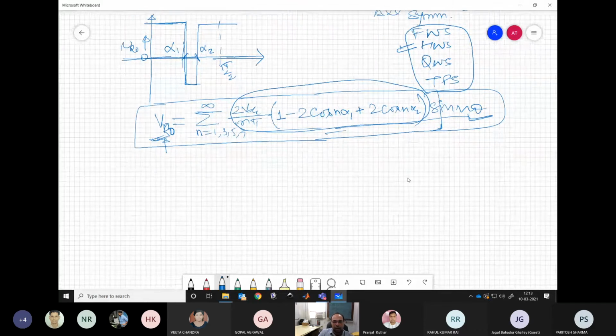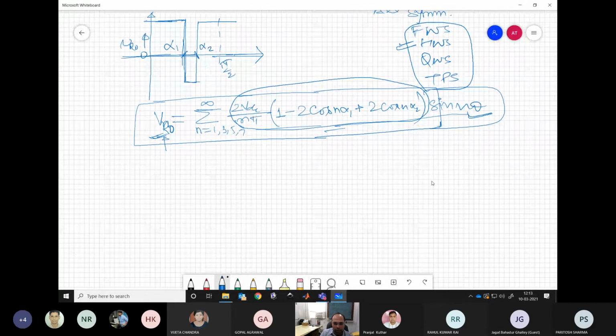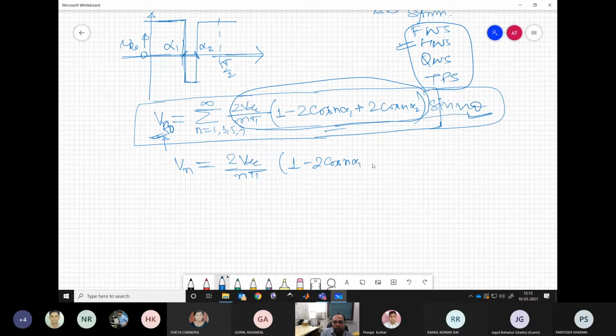Now we are interested only in the amplitude of the harmonic, so we can take, let us say, Vn, and that can be represented by 2 VDC by n pi times 1 minus 2 cos n alpha 1 plus 2 cos n alpha 2.